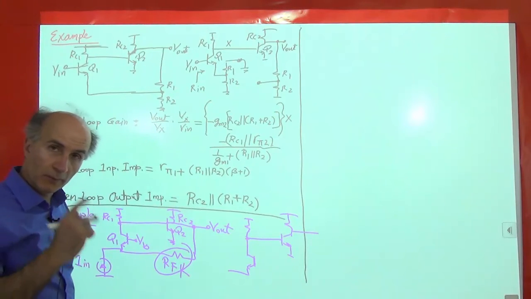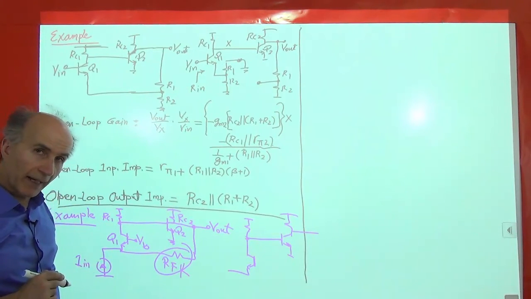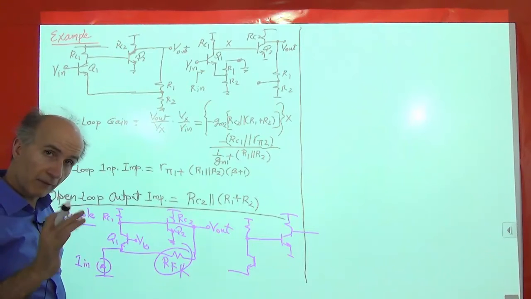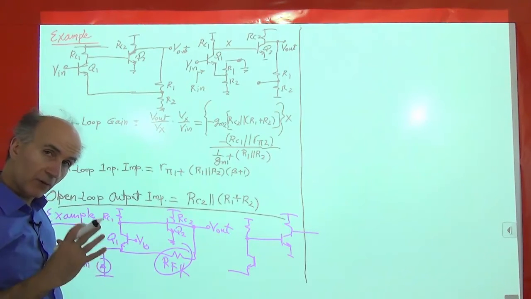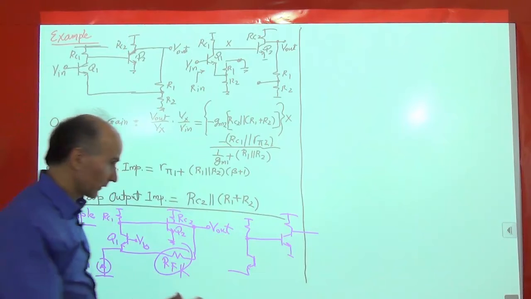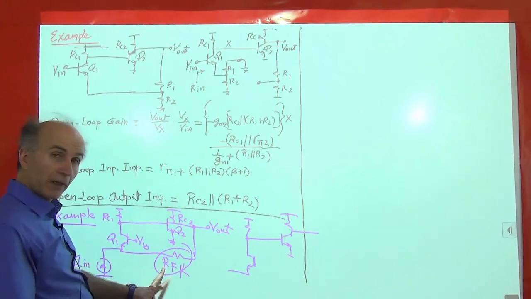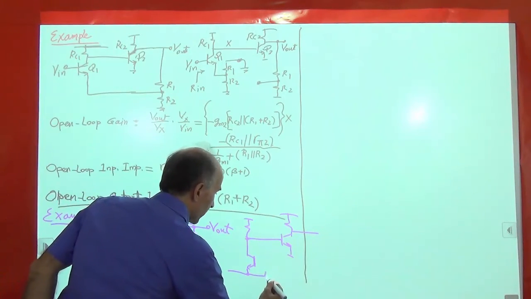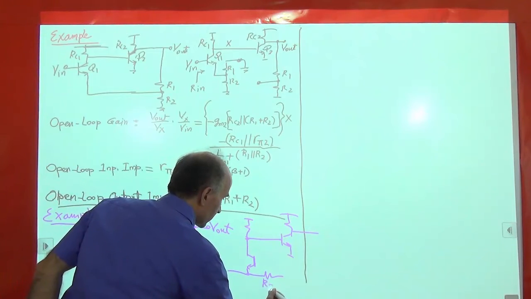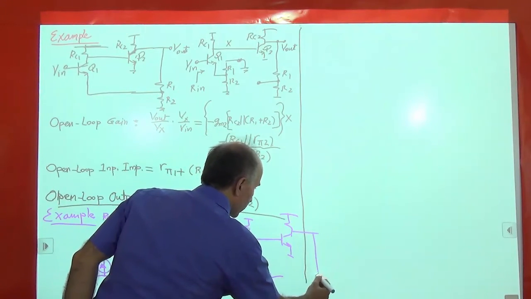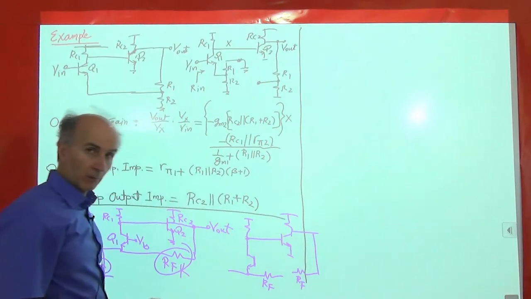So the second row in the previous table said that we need to make 2 copies of the feedback network, one attached to the input, one attached to the output. So the feedback network is just RF. So let's make 1 copy of it here, and then 1 copy of it here. Okay, that's all we do.